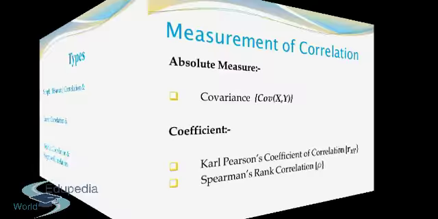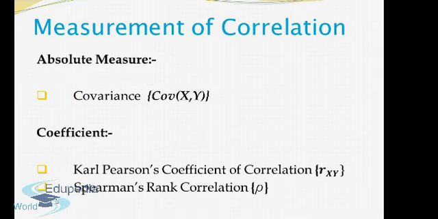Okay, fine. Now let's straight away go and see how do we measure correlation. The absolute measure is called the covariance. The symbol is COV(x, y). And the coefficients, we have the Karl Pearson's coefficient of correlation given by r_xy, and the Spearman's rank correlation given by rho.